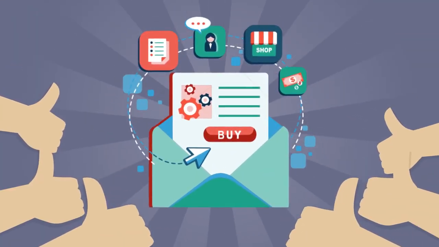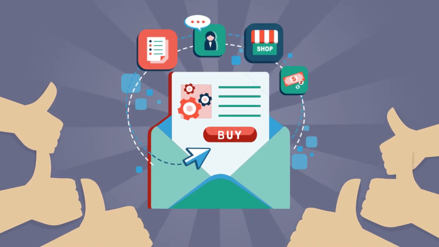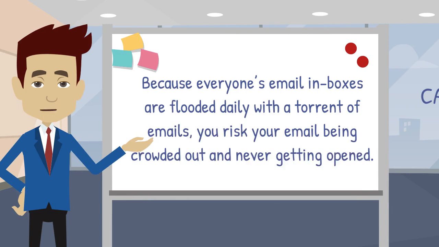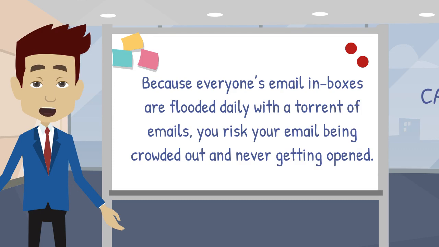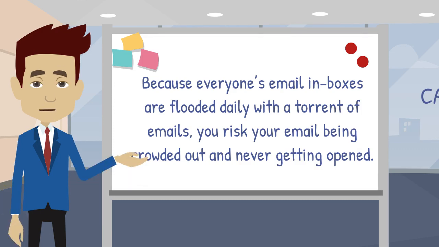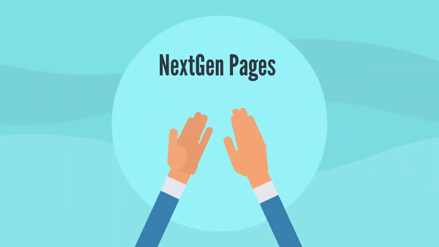Email marketing is still one of the best ways to reach out to your subscribers, but it is a victim of its own success. Because everyone's email inboxes are flooded daily with a torrent of emails, you risk your email being crowded out and never getting opened. So if it isn't opened, there's no way your message will be read, let alone acted upon.